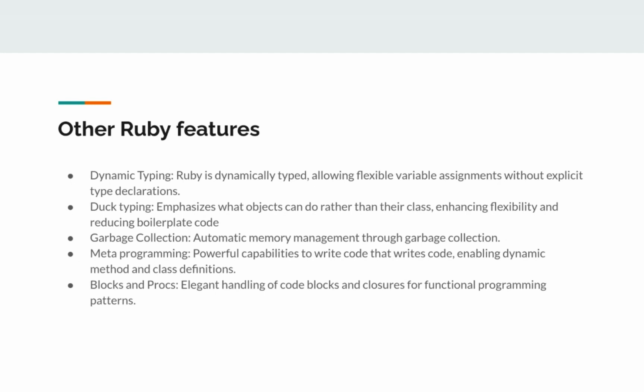Ruby also supports garbage collection, so automatic memory management instead of manual memory management. It also supports metaprogramming, which enables dynamic method and class definitions, and we're going to see this in the code demo. And there are also blocks and procs, basically elegant handling of code blocks and closures, which is important for programming in a functional way.